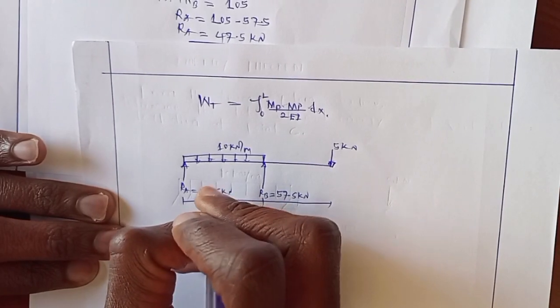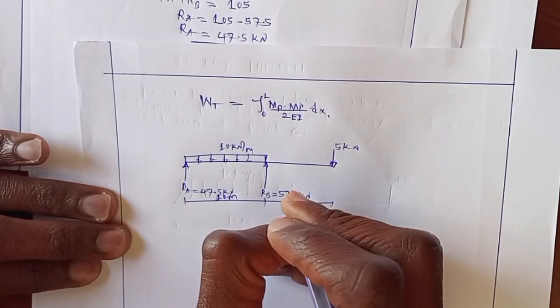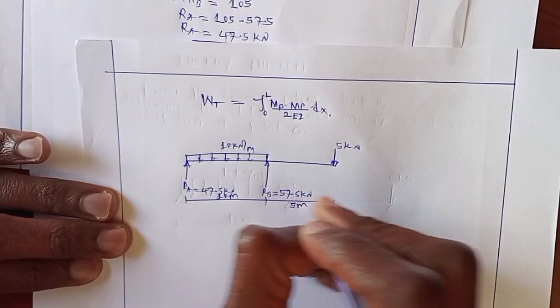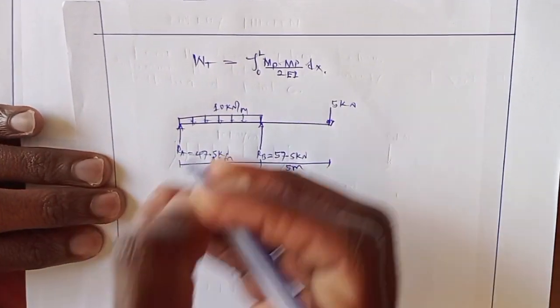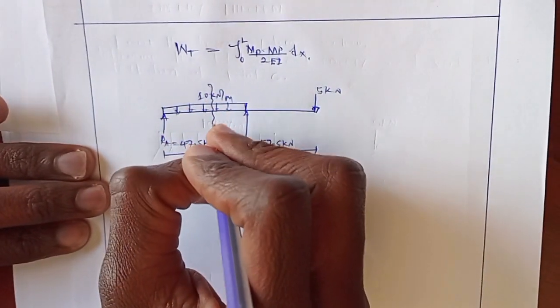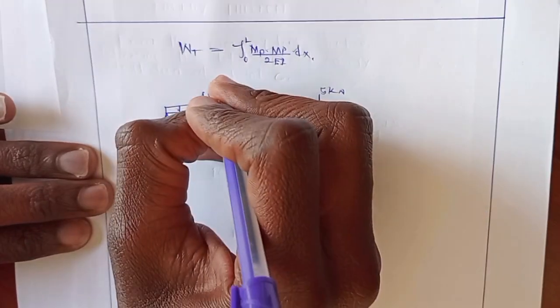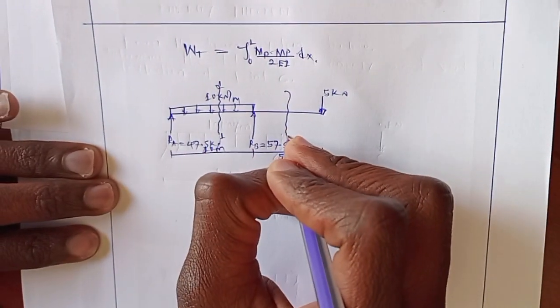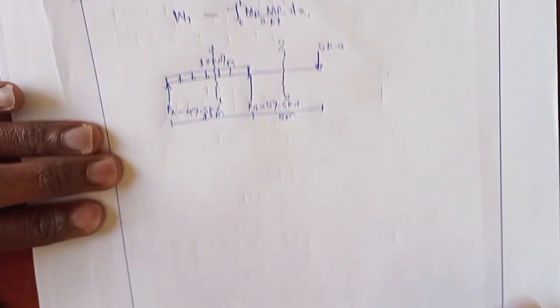From here it was 10 meters, 5 meters, 5 meters. So in order to obtain the internal moment, we will cut a section at this point, let's say section 1, and at this point, let's say section 2.